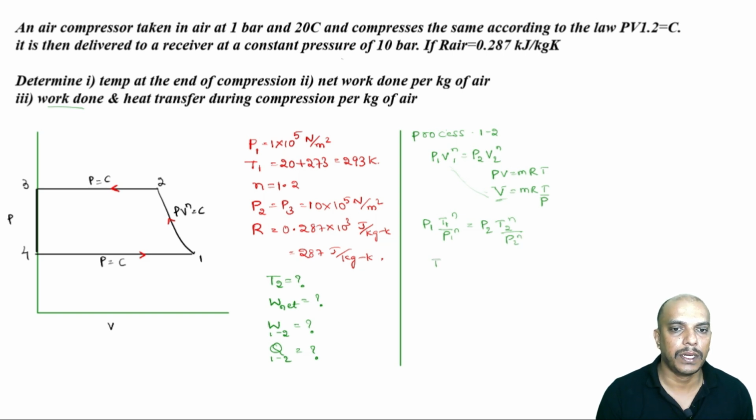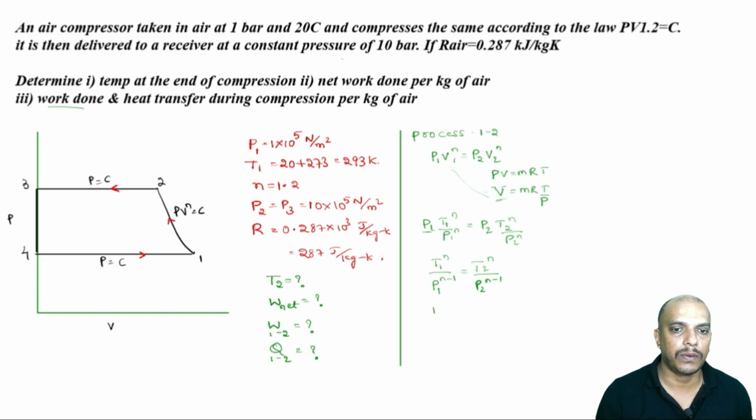Now that can be T1 power n divided by P1 power n minus 1, because when this P1 goes to the denominator it will be minus 1, and if you add the power that will be n minus 1. Similarly T2 power n divided by P2 power n minus 1.